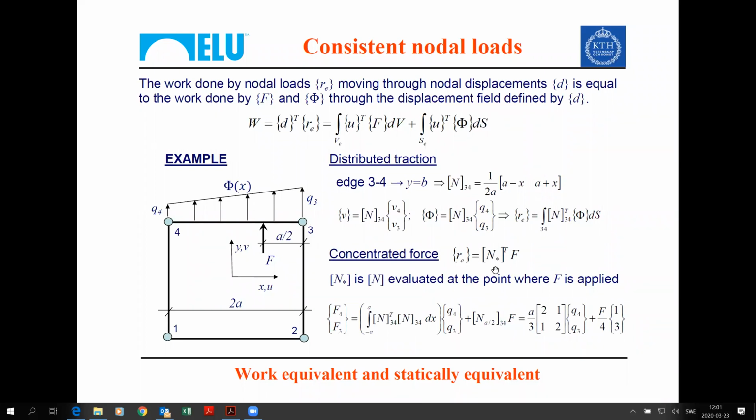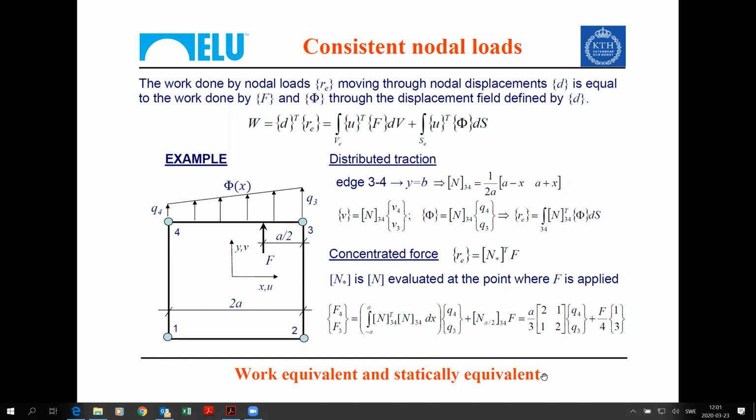How do we obtain this? Well, we take the coordinates of this point, substitute in the matrix of shape functions, and that is the value at that particular point. If we actually perform all these integrals, we end up with the following set of consistent nodal loadings.